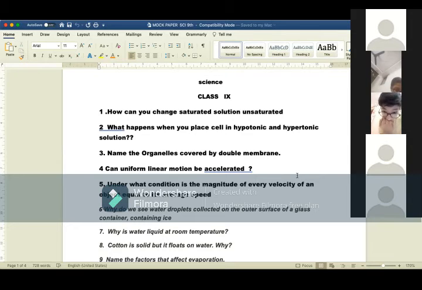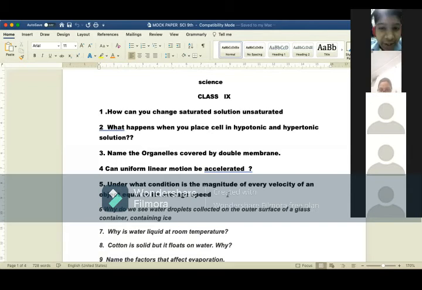Under what condition is the magnitude of velocity of an object equal to its average speed? Ma'am, when the object travels in one direction along a straight path. Equal distance traveled equals displacement. What is average speed?